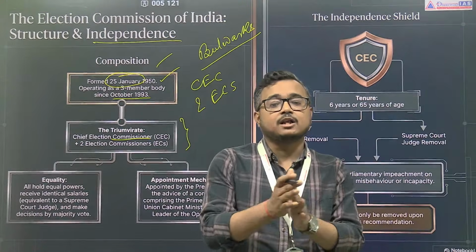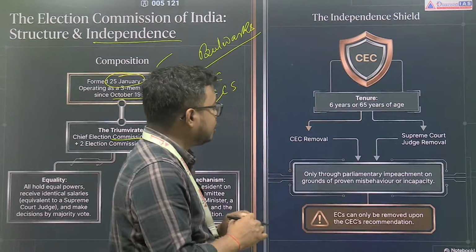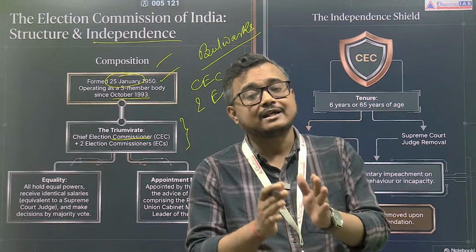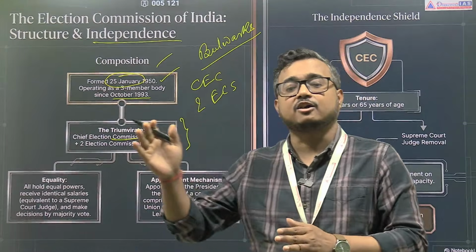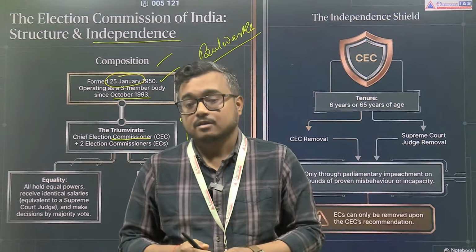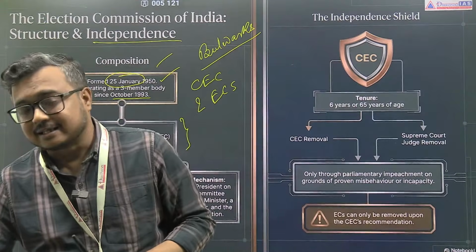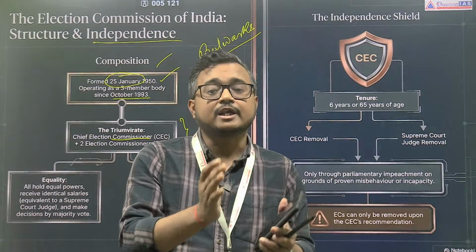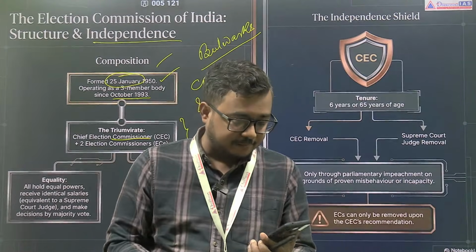But the Parliament has made a law that the selection committee should have the PM, a union cabinet minister, and the leader of opposition. The controversy was that the government will have a majority there, 2:1, because the union cabinet minister and the PM will belong to the same party. Okay.